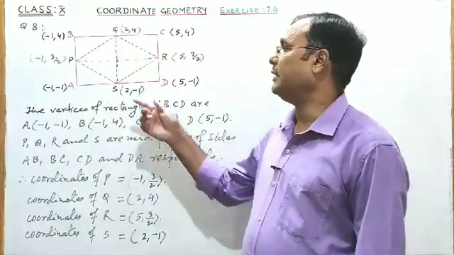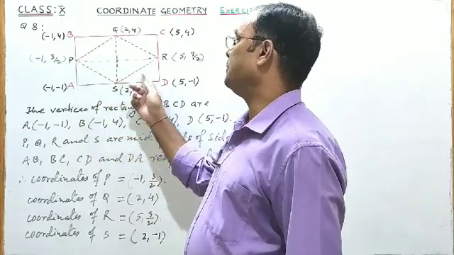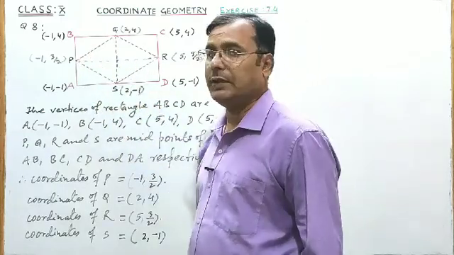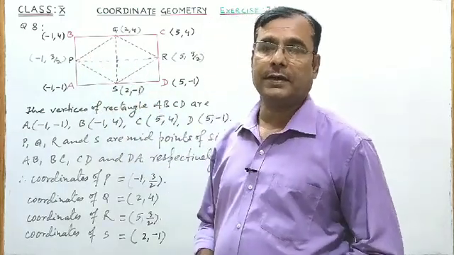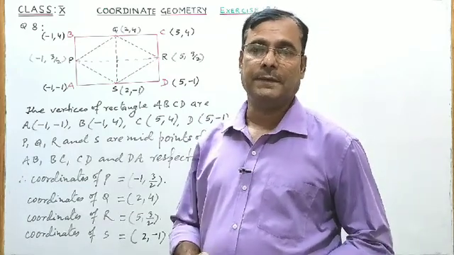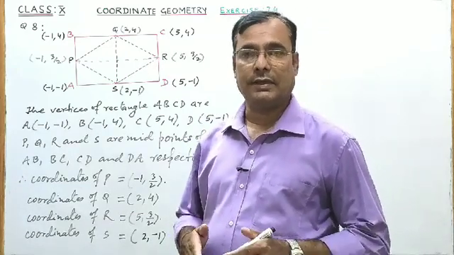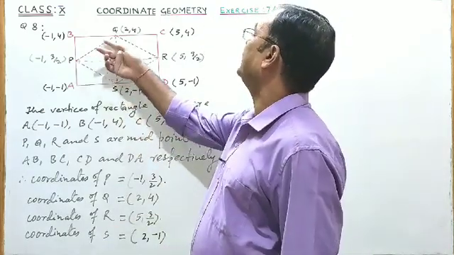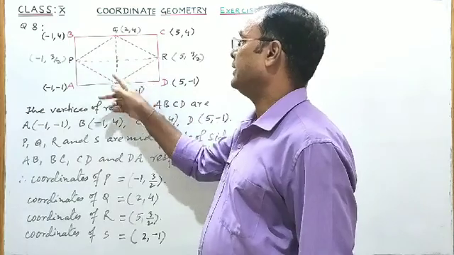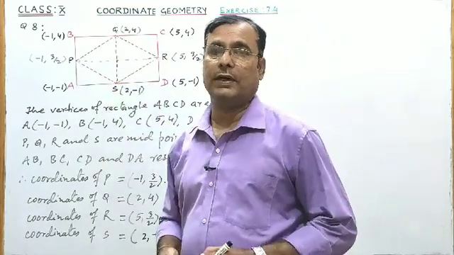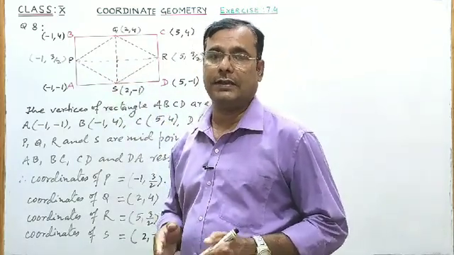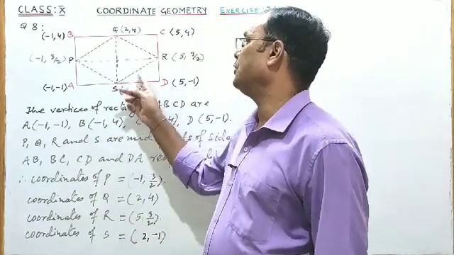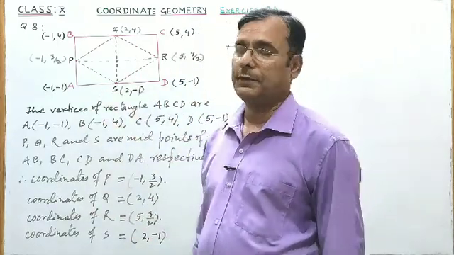Now we have to decide whether this quadrilateral PQRS formed by joining the midpoints of sides of rectangle ABCD is a square or a rectangle or a rhombus. This we shall decide after finding the sides of this quadrilateral, and if required, the lengths of its diagonals also.